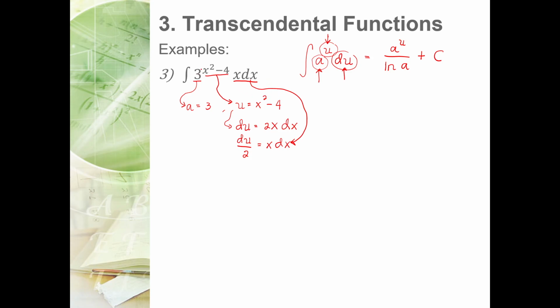So notice that every term in your equation can be replaced. So there's nothing left in the equation. So we have a raised to u, then du all over 2. So taking 1/2 outside the equation, so that's a to the power of u du.